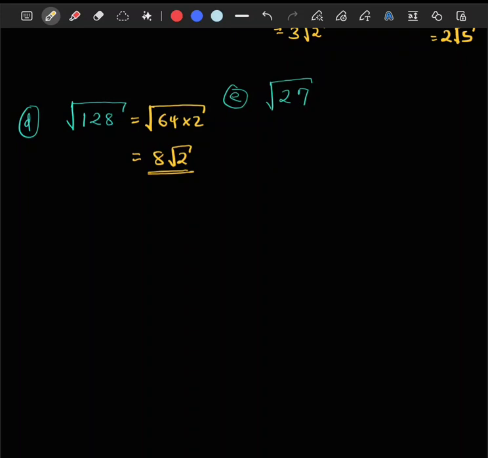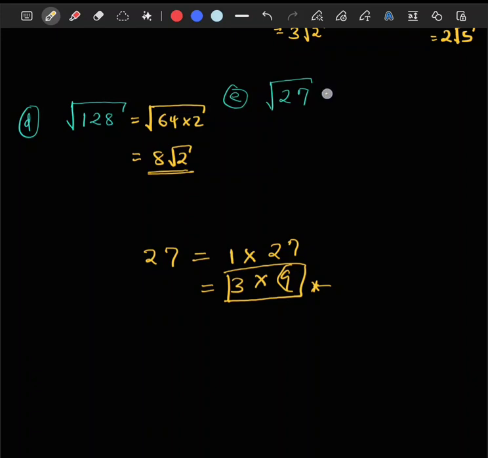And we have 27, part E. Again, 27 can be written as 1 times 27. It doesn't have a 2 here, so we can go to 3 times 9. And we see this is already a pair with a perfect square number, which is 9. We know square root of 9 is 3, so we're going to use this pair instead of going further.